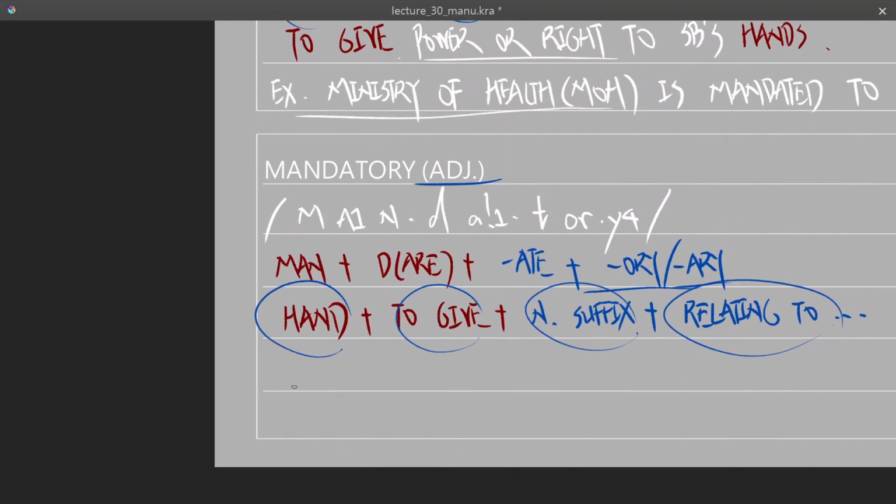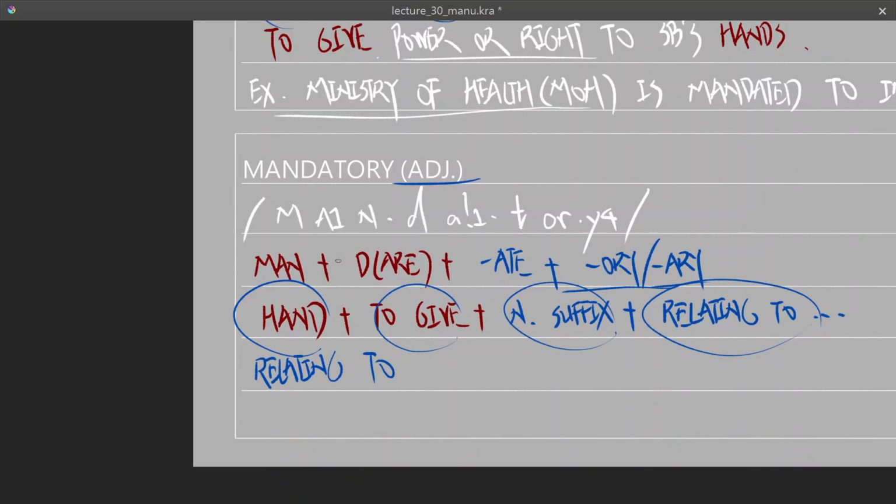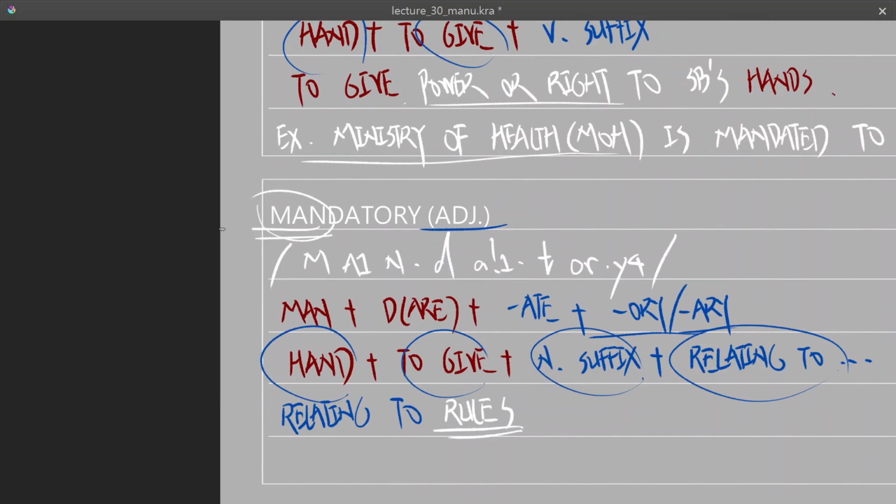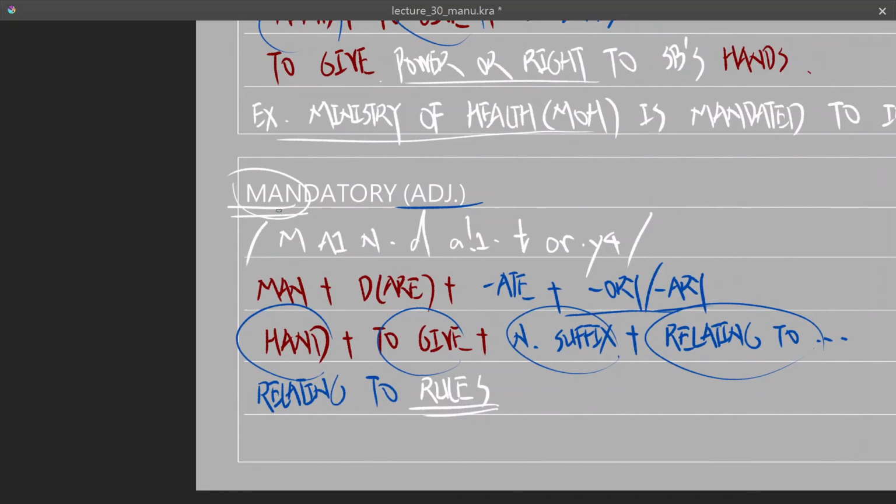Mandatory. So relating to something. What kind of stuff? Rules. Remember, rules are always used to control people.